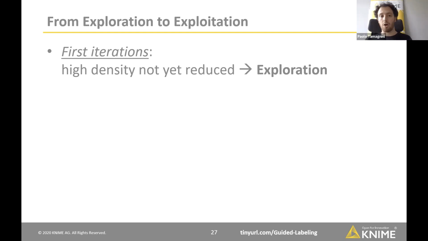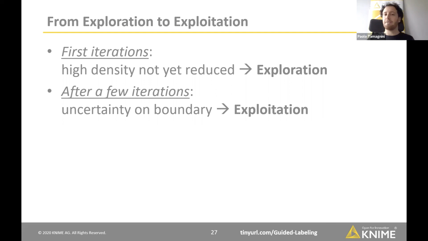So you want to explore using the density score. But then, after a few iterations, you will see the model performance increase and you don't see the decision boundary moving so much. So you want to start exploiting those key data points that will bring us to the final decision boundary.